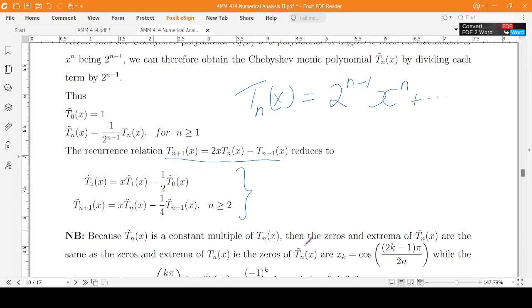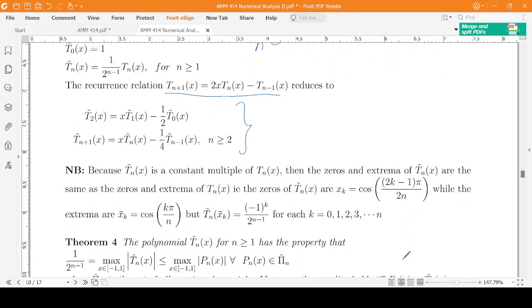So the zeros of the Chebyshev monic polynomials are still the same as we have obtained for the Chebyshev polynomial, while the extrema are still the same. But now, when we talk about the maximum point or the minimum point, their values will be reduced in magnitude by a factor of 2 raised to power n minus 1.